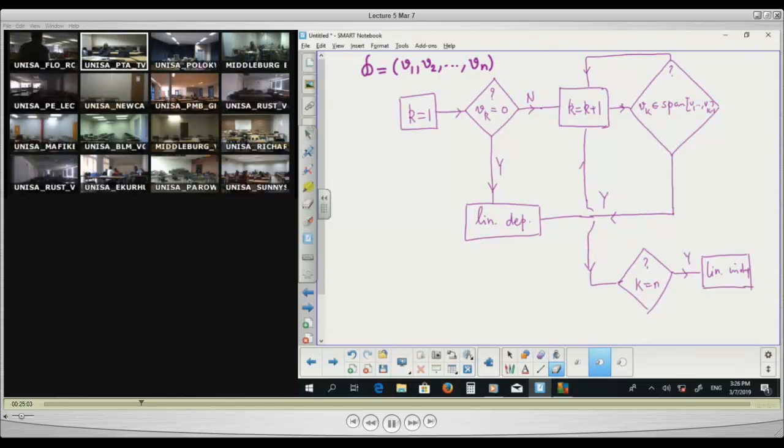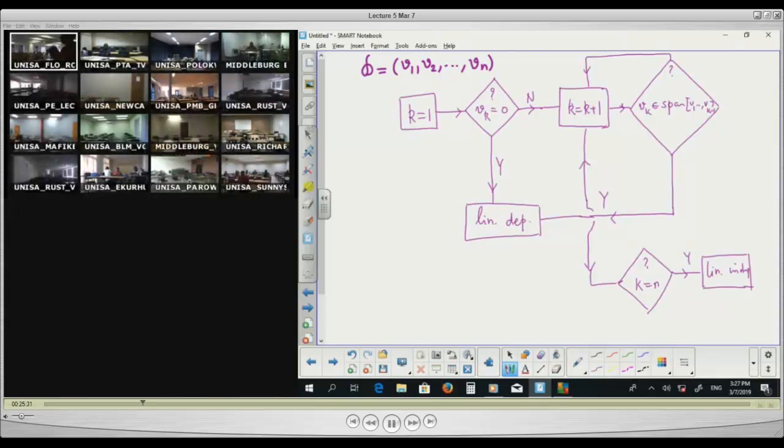So that's the whole idea. You see whether V1 is 0? No. Whether V2 is a multiple of V1? No. Next step. V3, whether it is 0? No. Is it a linear combination of V1 and V2? No. Next step.